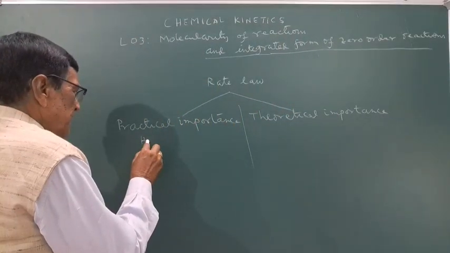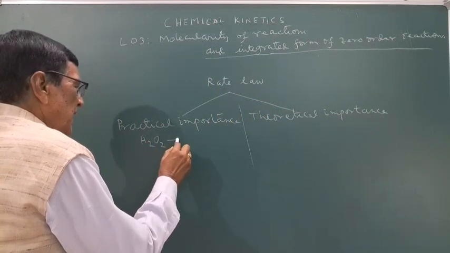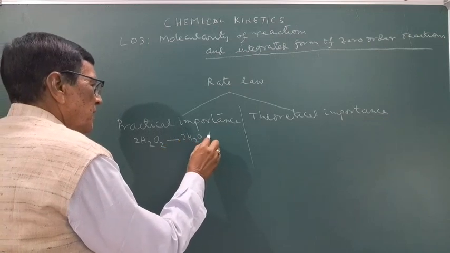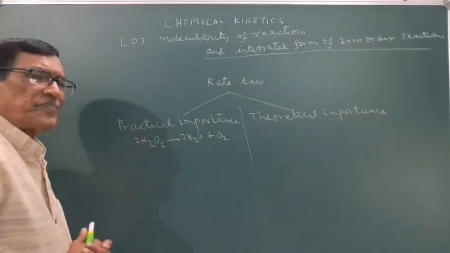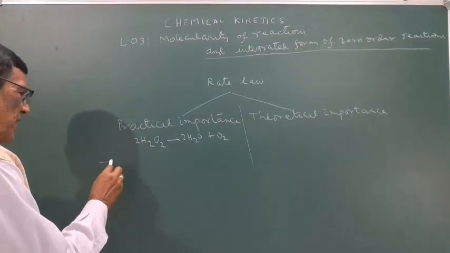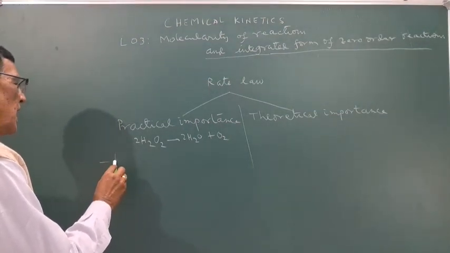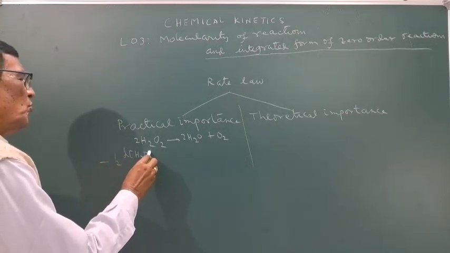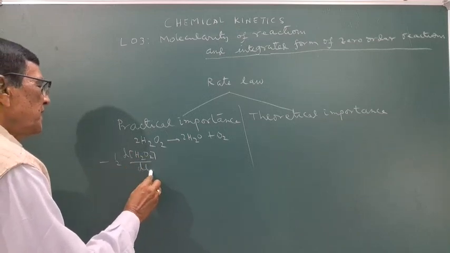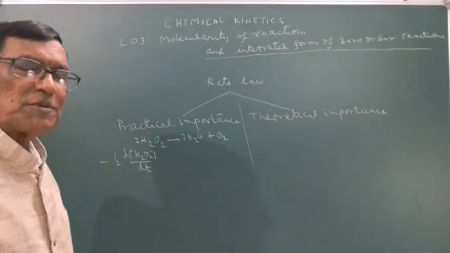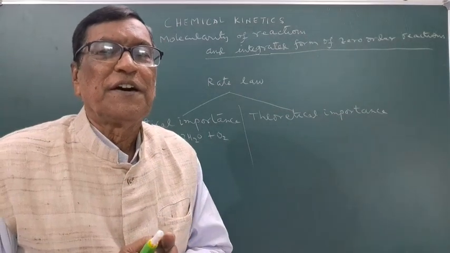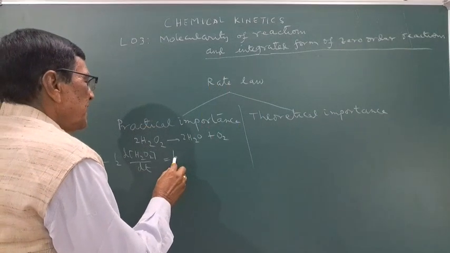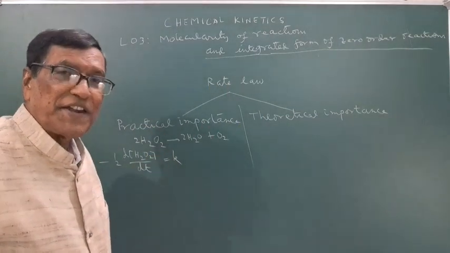Suppose one example I can give you, the rate equation. The reaction is H2O2 giving you twice water plus oxygen, and the rate equation is minus half d[H2O2]/dt, the rate of this reaction in terms of the decomposition of the reactant hydrogen peroxide, and this will give you some constant which is called the rate constant.